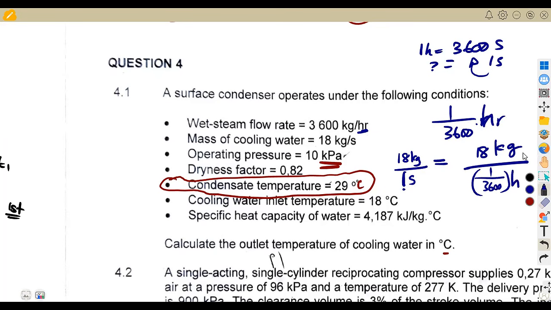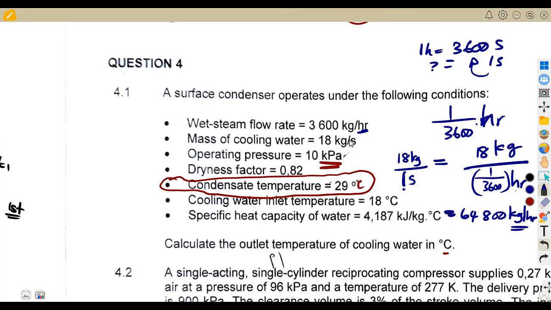We now have kilogram per hour. So if you simplify, dividing these two, you're going to obtain 64,800, which is in kilogram per hour.